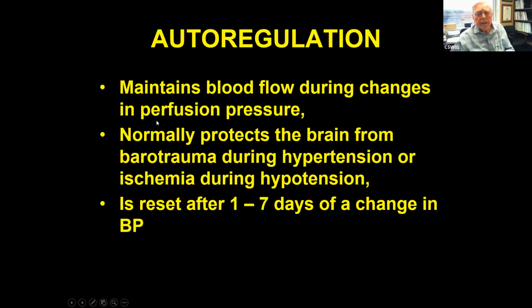So autoregulation maintains blood flow during changes in perfusion pressure, and it normally protects the brain from barotrauma during hypertension or ischemia during hypotension. But the level at which the autoregulation is set gets reset after a day to a week of a change in blood pressure.